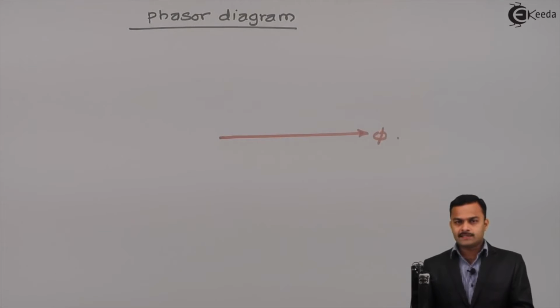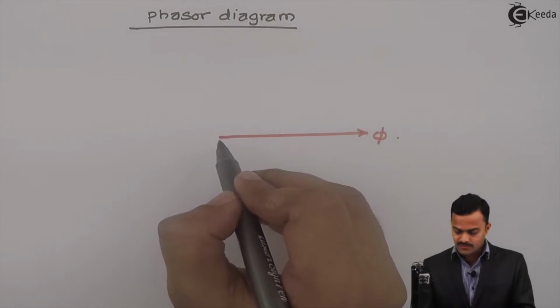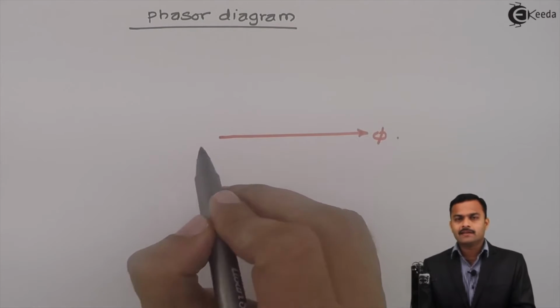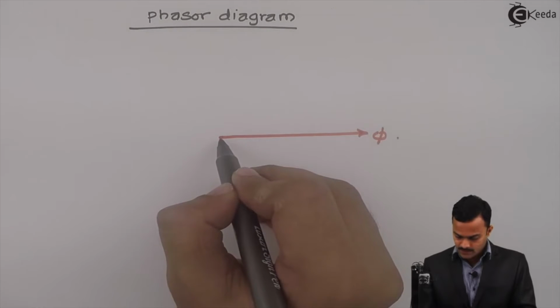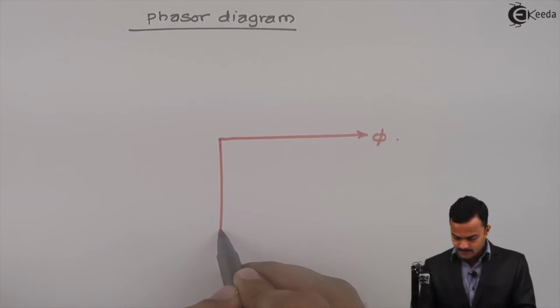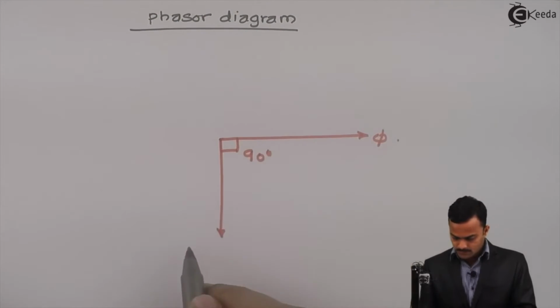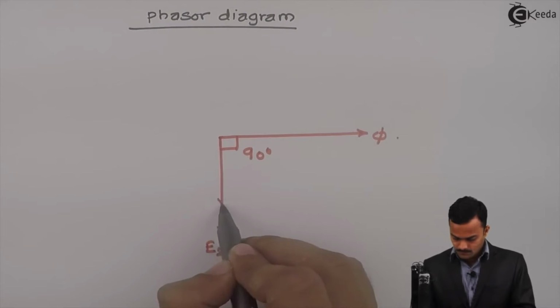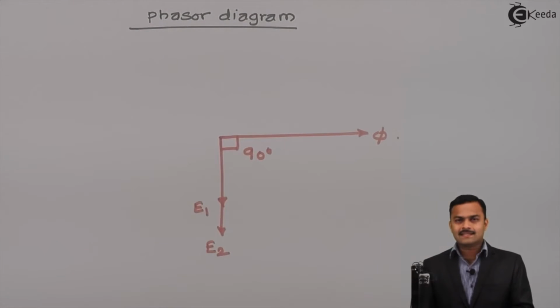This flux phi is responsible for production of E1 and E2, primary side and secondary side induced EMF, which will lag phi by 90 degree, that we have seen already while deriving EMF equation of a transformer. So E1 and E2 will be like this. I will consider N1 number of turns are less than that of N2, hence E1 is less than E2.